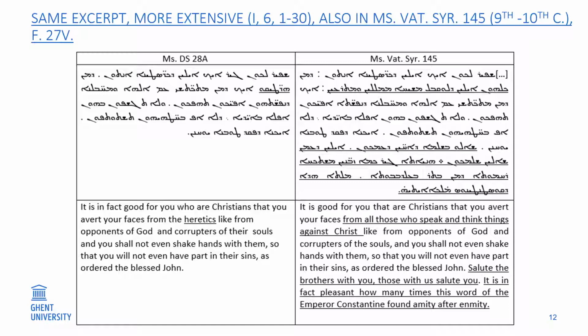I also forgot to mention that in the Vaticanus, the chapter is more extensive, because in the al-Surian we only have paragraph 29, whereas in the Vaticanus we have paragraphs 1 to 30. So there was more at a certain point available in Syriac, and we have a very small passage in our manuscript.